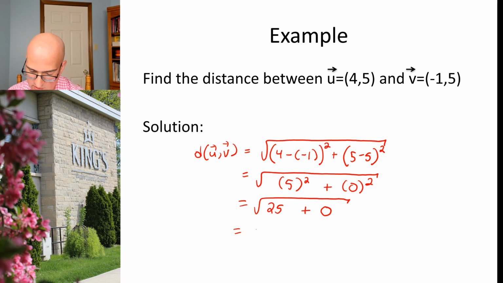So that's the square root of 25, which is 5. So if you had graph paper and you were to draw these two vectors very carefully, (4, 5) and (-1, 5), and then use a ruler, draw the straight line between them, measure that distance, you'd see that that distance is 5 on your graph paper.